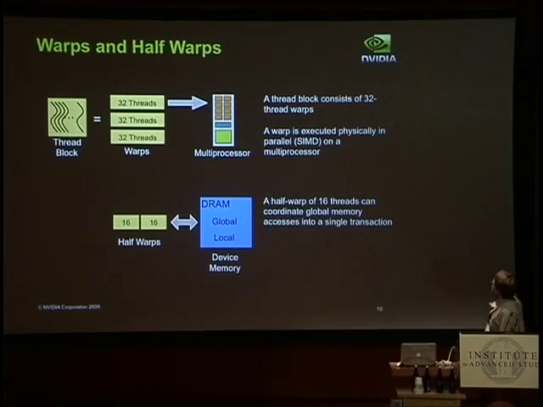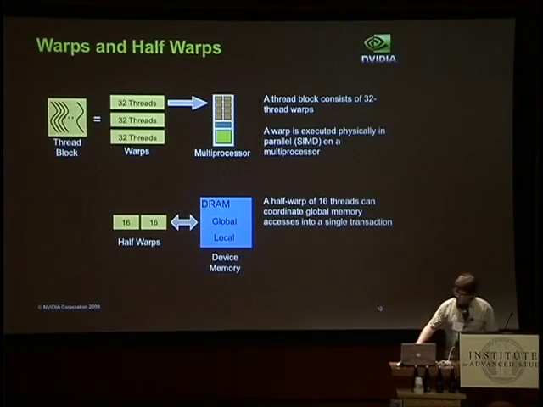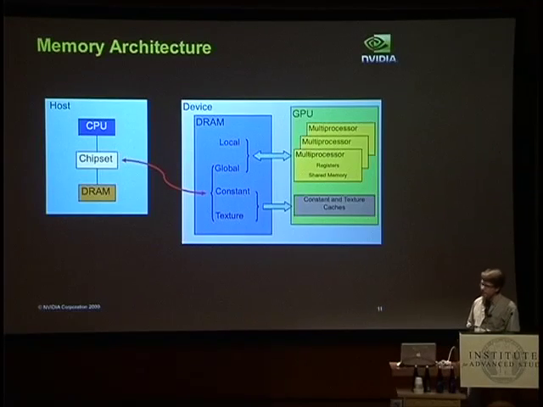So a thread block is a group of these 32-thread warps, all running on a single multiprocessor. The half warps, so half of these 32-thread groups, can coordinate global memory access in a single transaction, and that's coalesced reads, which I'll talk about a little bit more. Okay? So it's kind of dizzying to keep all this stuff straight.